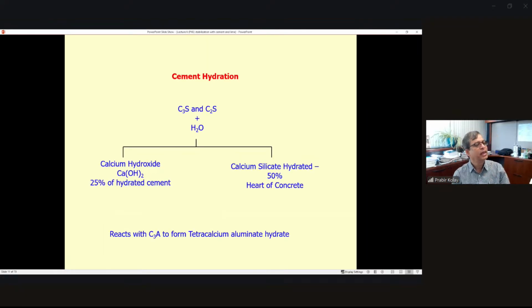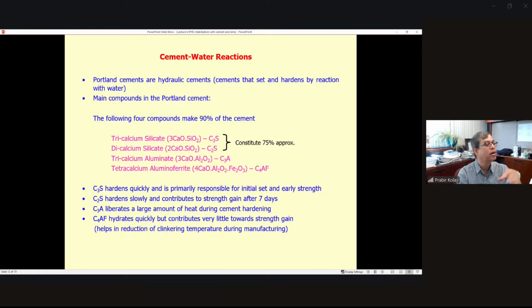Now, cement hydration. There are 4 main components of the composition of cement: tricalcium silicate, dicalcium silicate, tricalcium aluminate, and tetracalcium aluminoferrite. These are the 4 main components of the cement. Tricalcium silicate and dicalcium silicate constitute 75%.